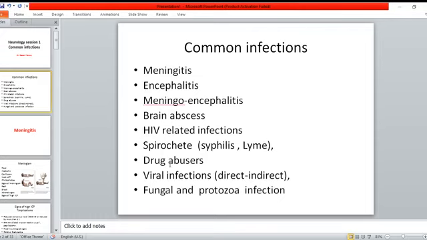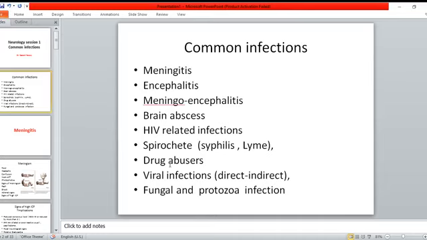Of course, Lyme disease, there are many clues in the history in the patient presenting with Lyme disease. So Lyme disease can present with cranial nerve affection, especially seventh nerve palsy, so maybe unilateral or bilateral seventh cranial nerve palsy, or it can present also with a picture of meningoencephalitis.